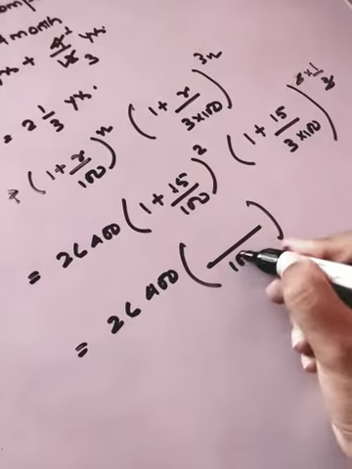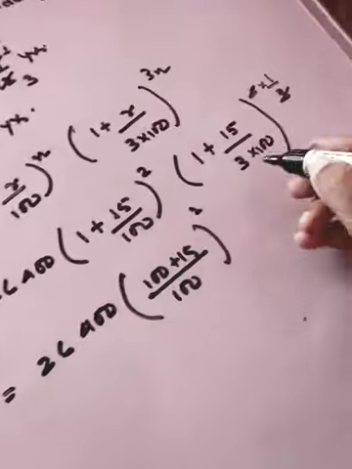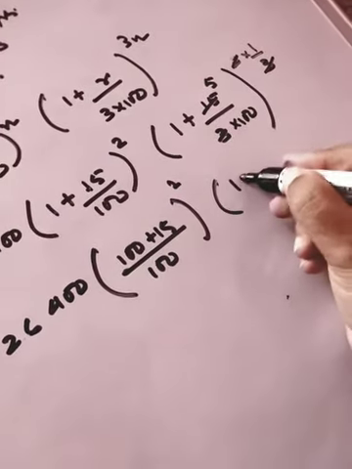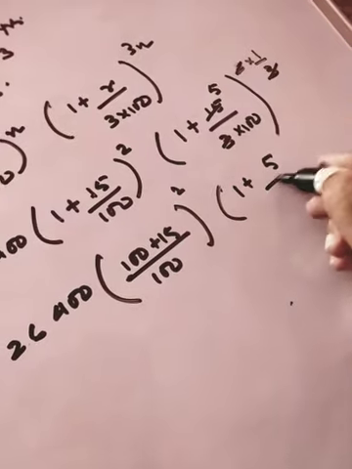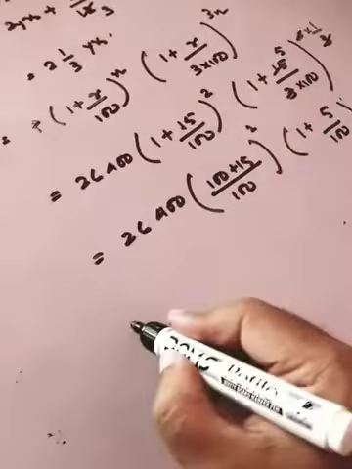It would be 100 plus 15 to the power square. This will be 3 1 is 3, 3 5 is 15. So it will be 1 plus 5 upon 100. No power 1 is there, so no need of writing.